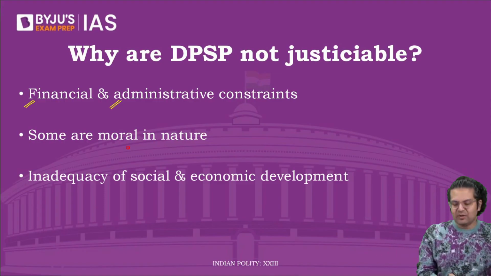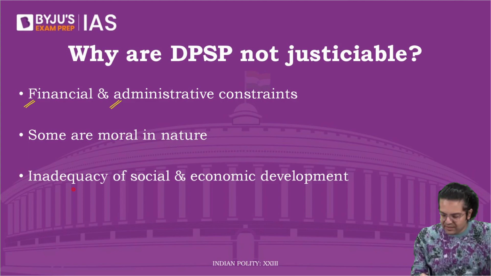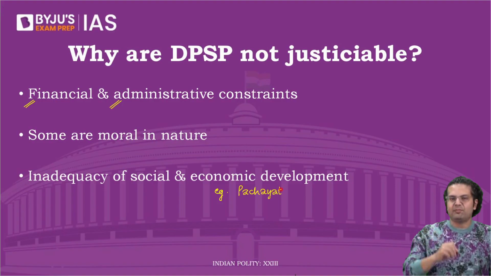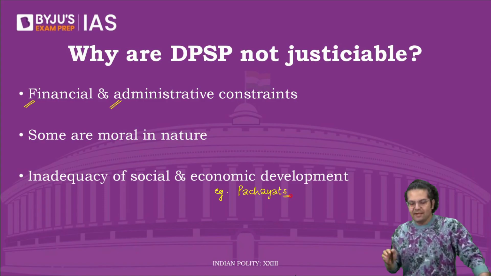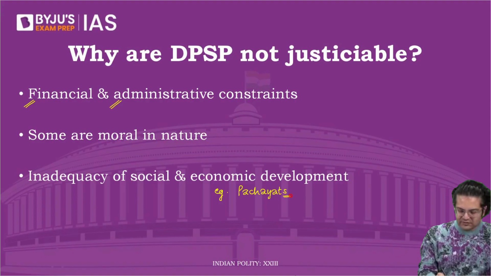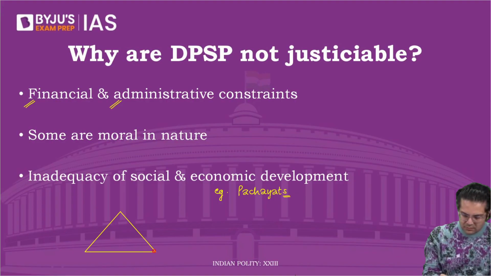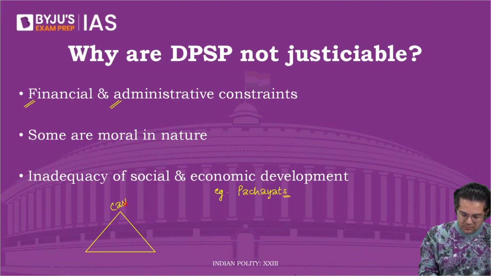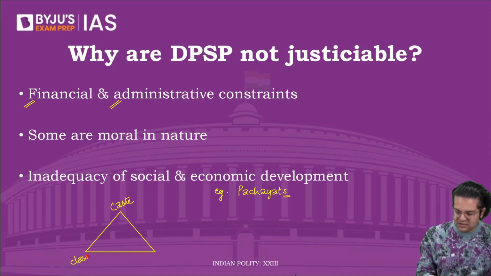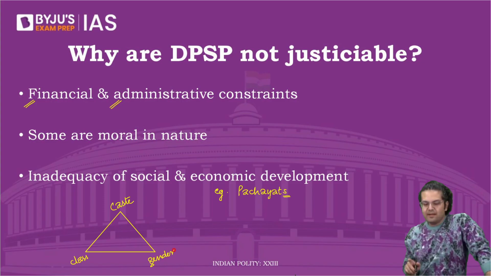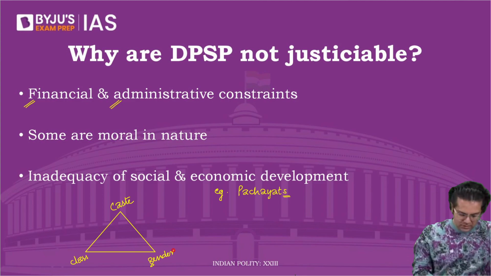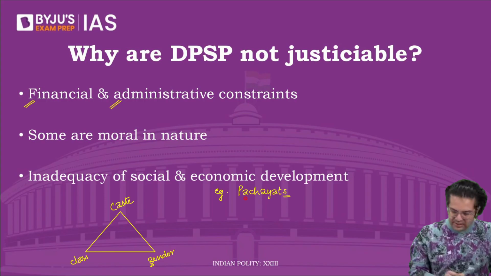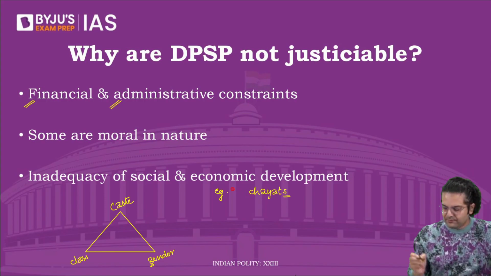Then, inadequacy of social and economic development. A very good example here is the panchayats. Imagine if we had created a constitutional mandate for panchayats in the 1950s only, when the entire village environment was controlled by caste, class, and gender, then eventually it would end up lining the pocket of the rich and elite only, right?